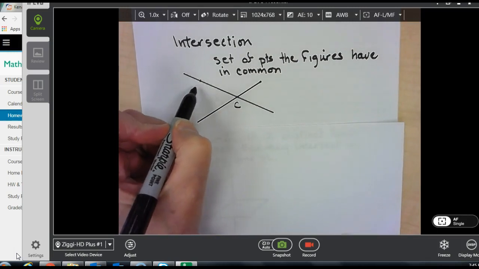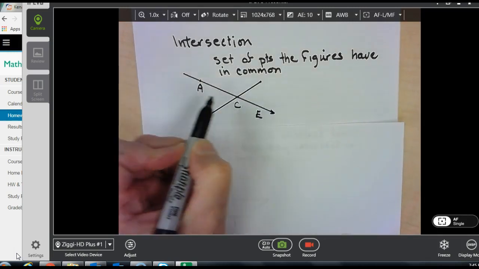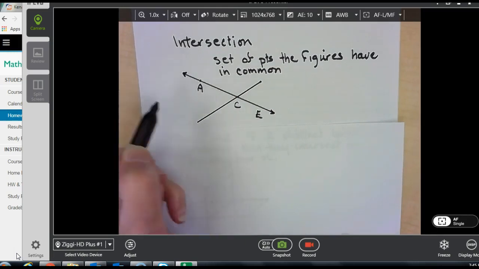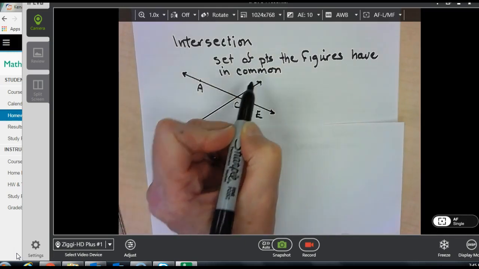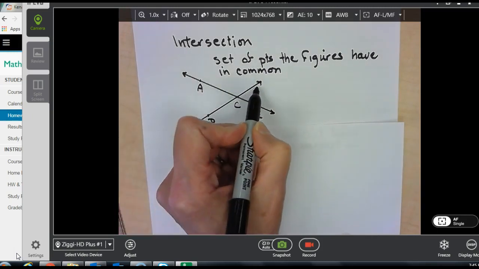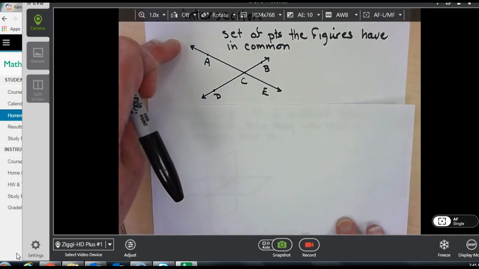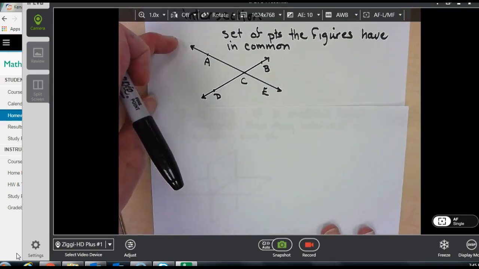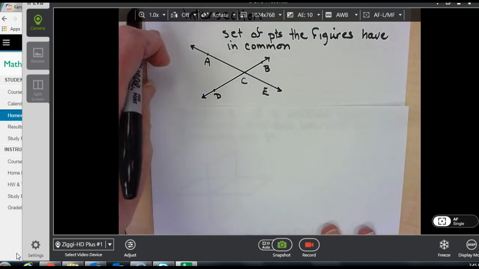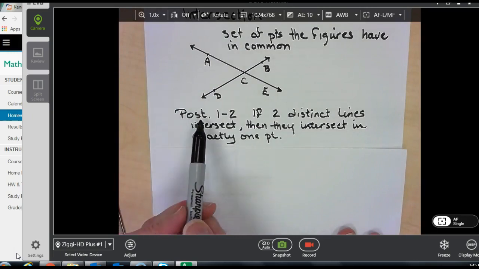And I'm going to put A, E, since we said it was lines, we're going to make them into lines. And then we're going to put point D and point B on here. So if you look at those 2 lines, they intersect at exactly 1 point, and that's what our next postulate says.